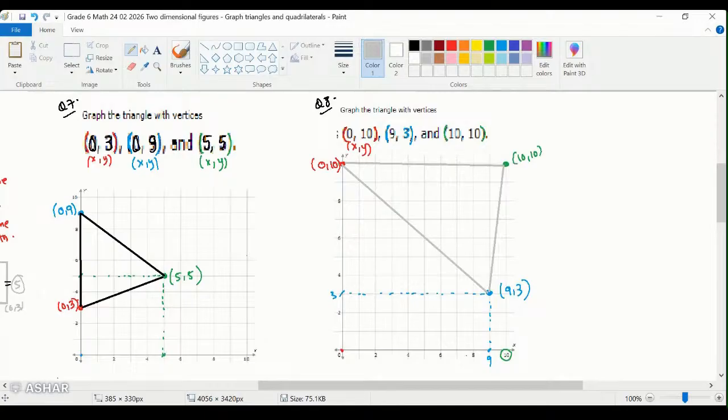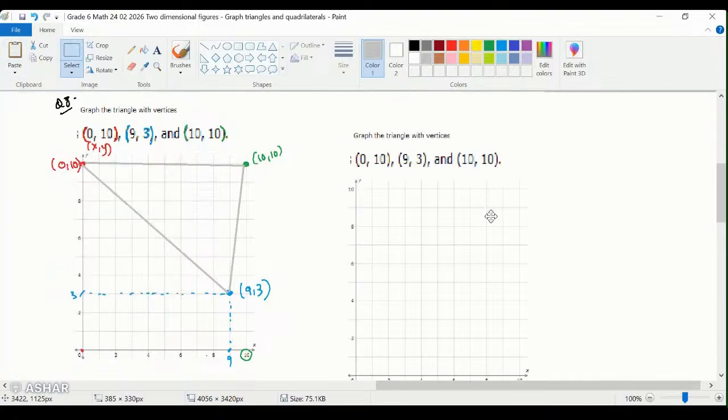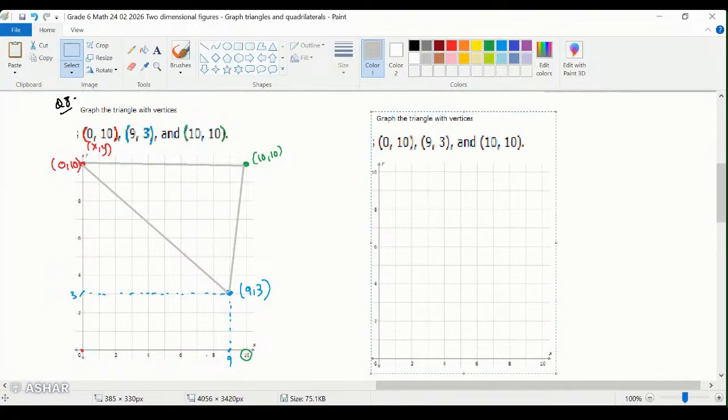So if a similar question was given to us, but rather than a triangle, they are asking us to draw a quadrilateral. Let's say they are asking us to graph the quadrilateral. This is question number 9.